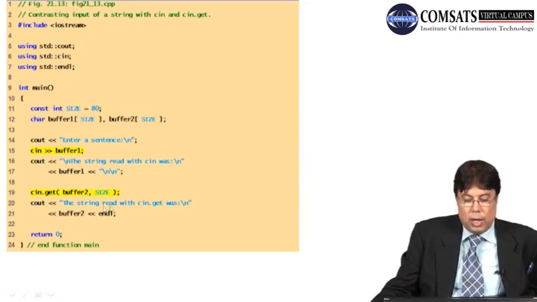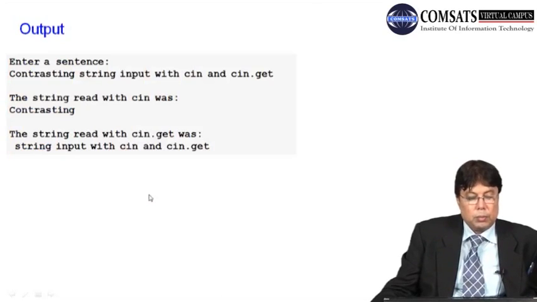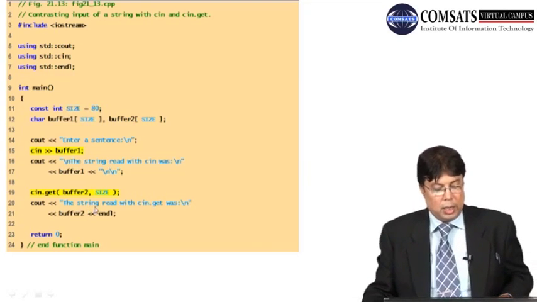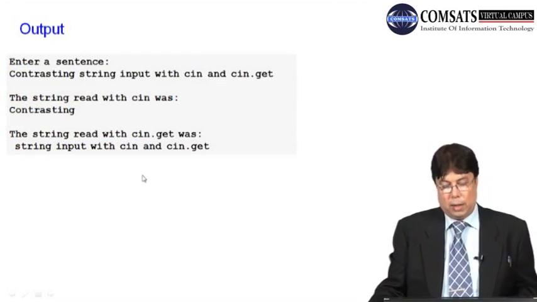So cout the string read with the cin.get function into buffer 2. The string read with cin was contrasting. The string read with cin.get was string input with cin and cin.get. This time we have provided the whole input, but since we are using cin.get and the maximum size is 80, it will stay in the loop and read the whole data.